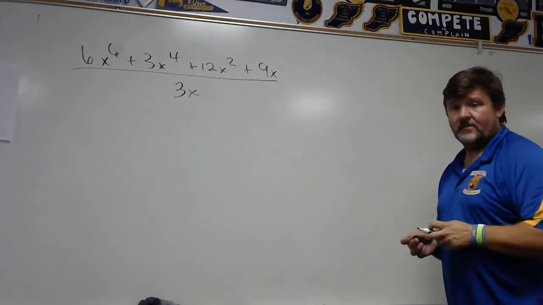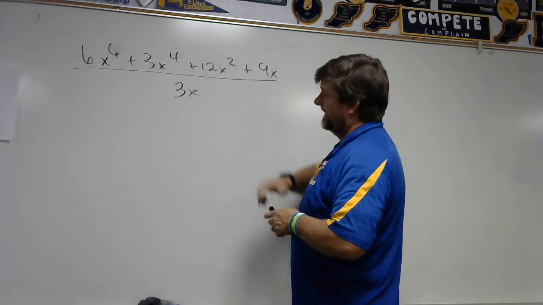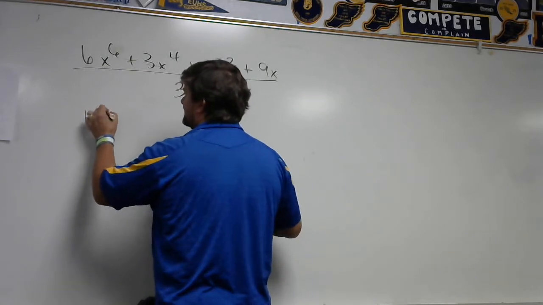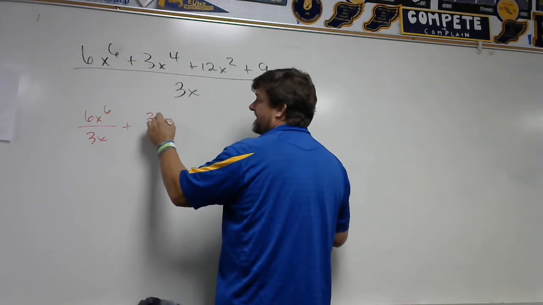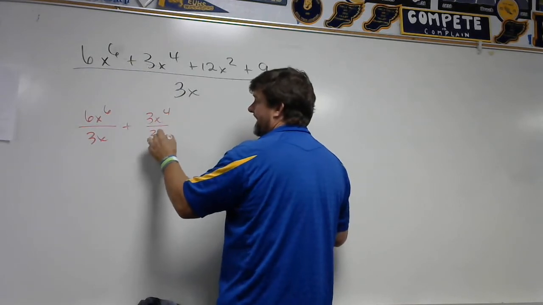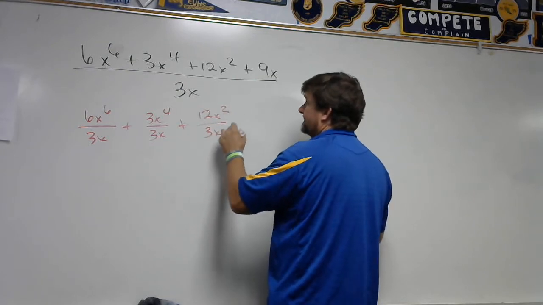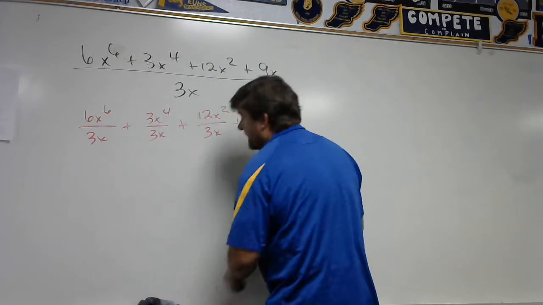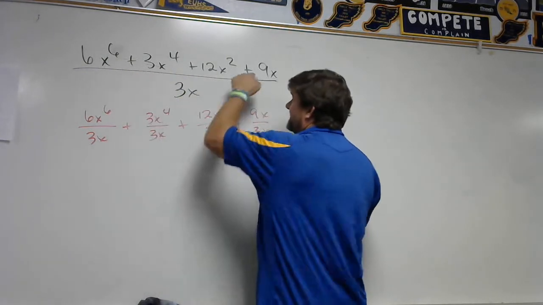Just remember that a fraction means we're dividing. So really what this is saying is I have 6x to the 6th over 3x plus 3x to the 4th over 3x plus 12x squared over 3x plus 9x over 3x. So I'm dividing this into each one of these.